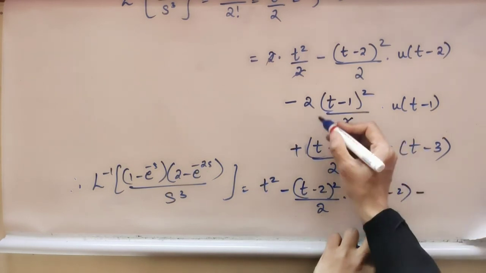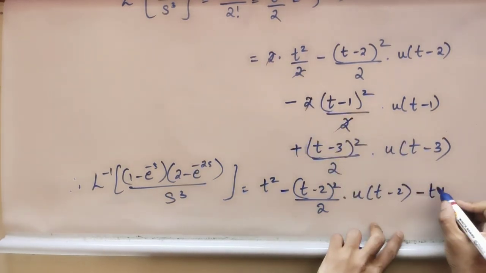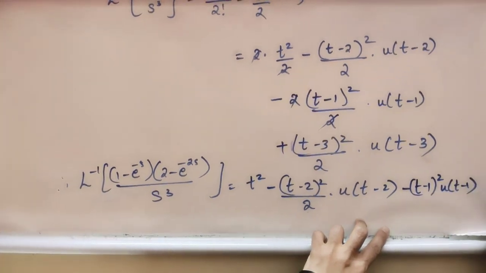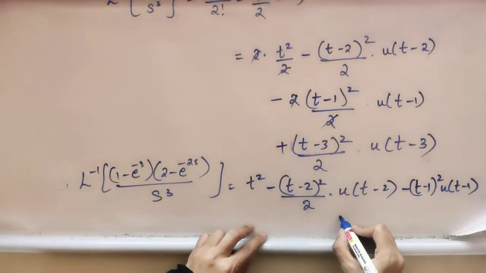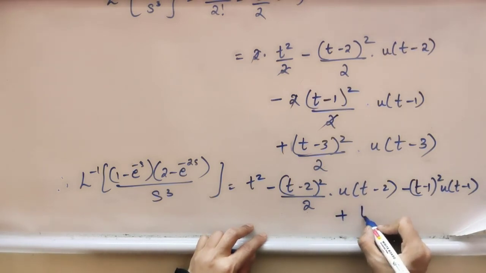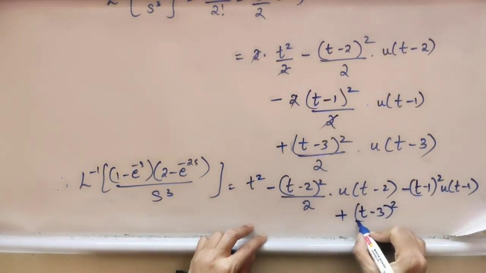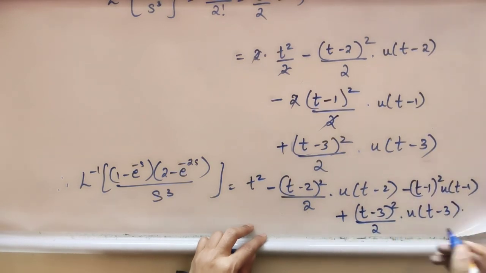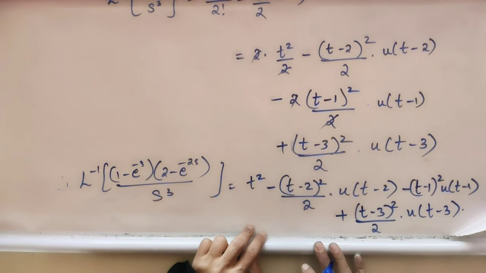Plus again 2 and 2 will get cancelled, minus t minus 1 square into u of t minus 1. Finally the last term, plus t minus 3 whole square divided by 2 into u of t minus 3. This is the complete solution for this type of problem.